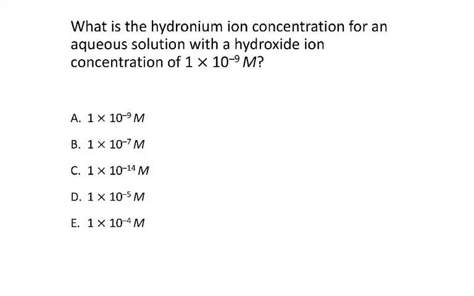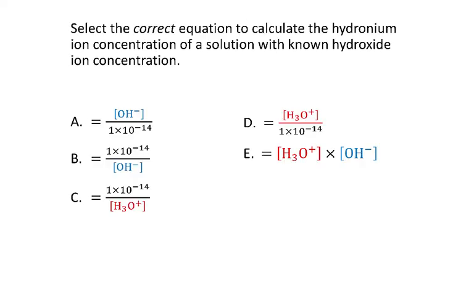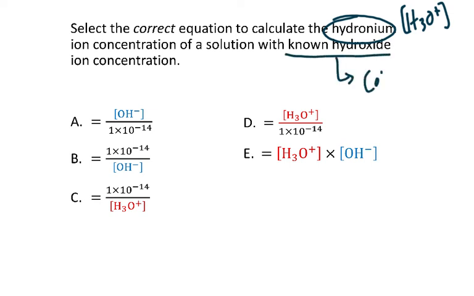Here's a multiple choice question. Select the correct equation to calculate the hydronium ion concentration of a solution with a known hydroxide ion concentration. So what did we just do? You're solving for hydronium, and hydroxide is known.